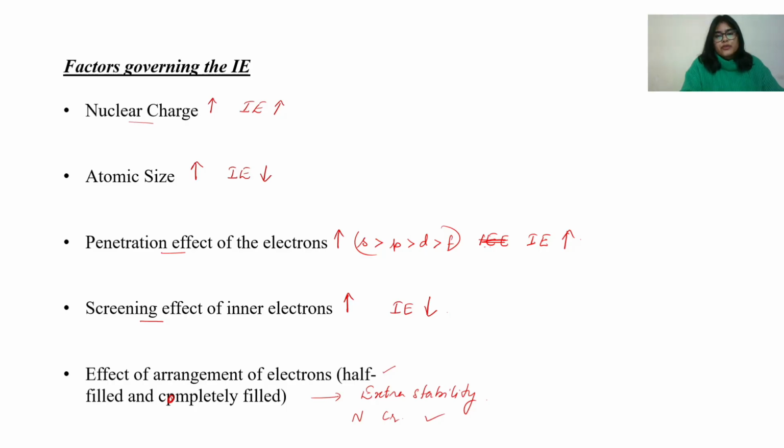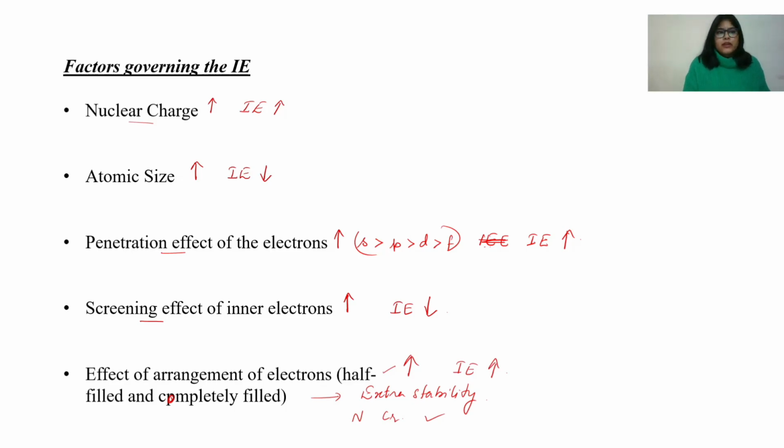So to remove an electron in a half-filled configuration, you would require extra energy, right? And that means higher will be the ionization enthalpy. So as the effect of arrangement of electrons, meaning the possibility of half-filled or completely filled electrons, increases, the ionization enthalpy will also increase.